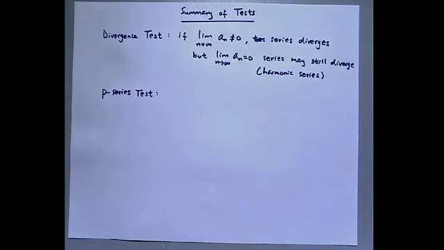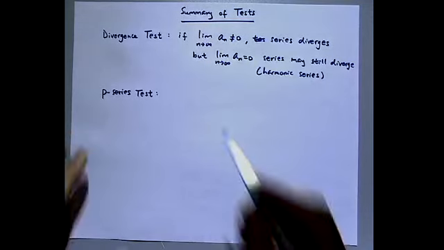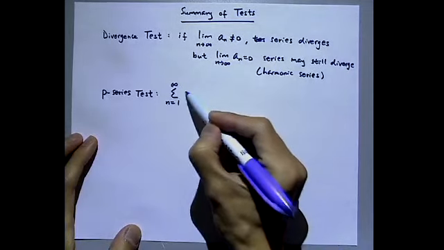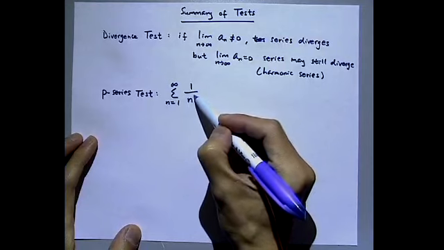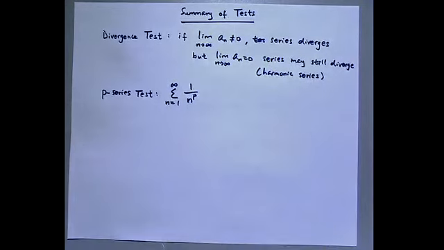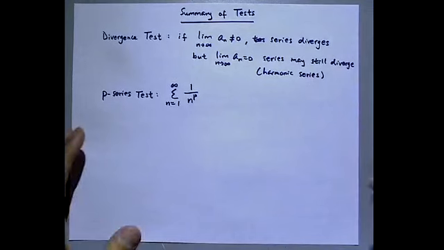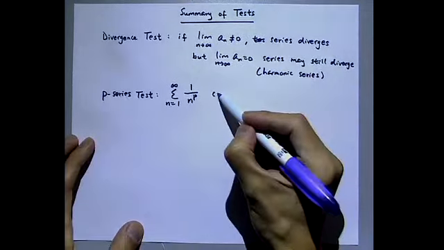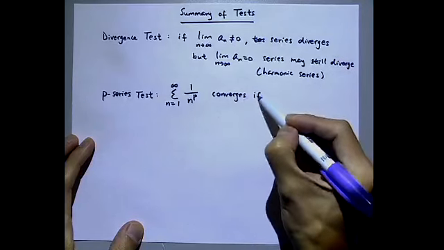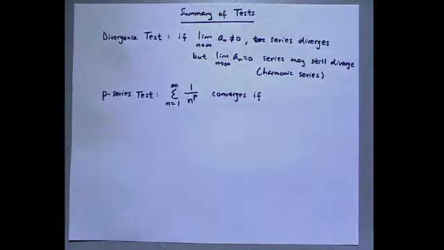Then we have the P-series test. The P-series look like 1 over n to the power of p. That's a p. And this series converges if what happens?